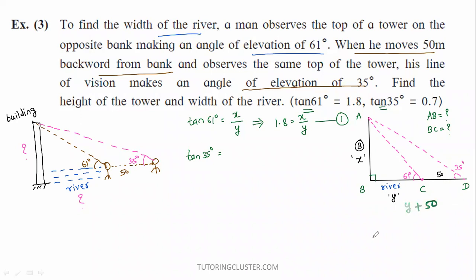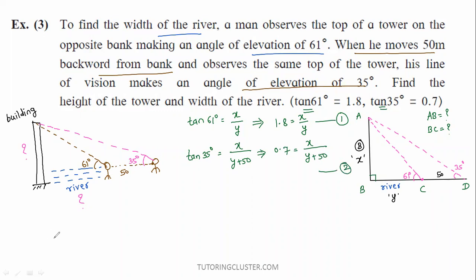Is it clear? So tan 35 degrees is X upon Y plus 50. Tan 35 is 0.7, which is equal to X upon Y plus 50. Basically, you have to find X and Y. So these are the two equations and there are two unknowns. Let us see how to solve this.